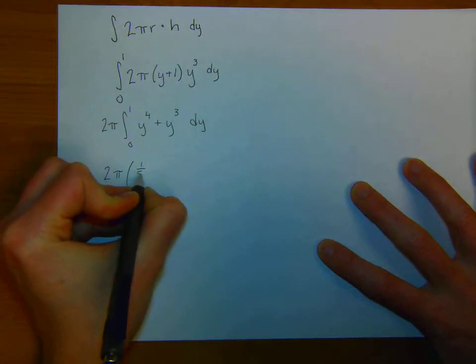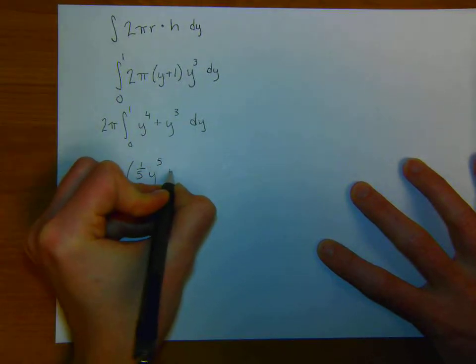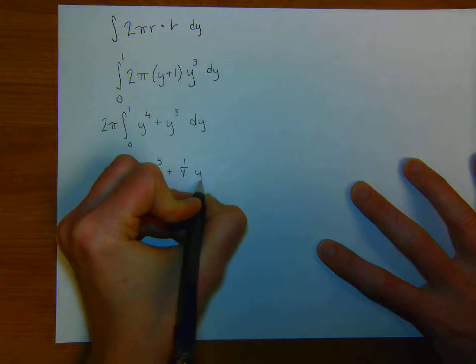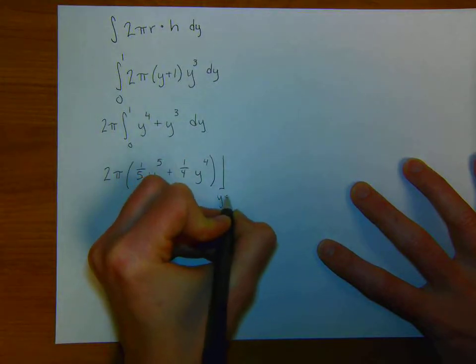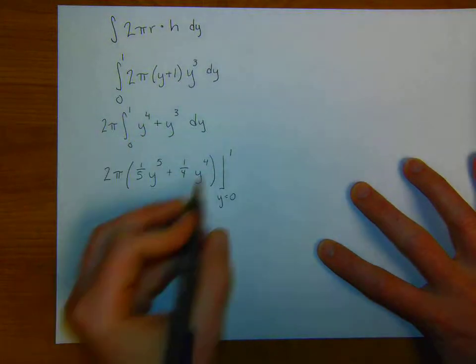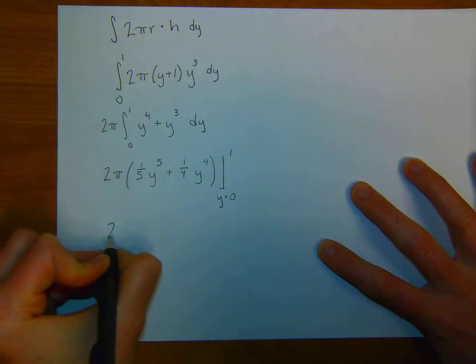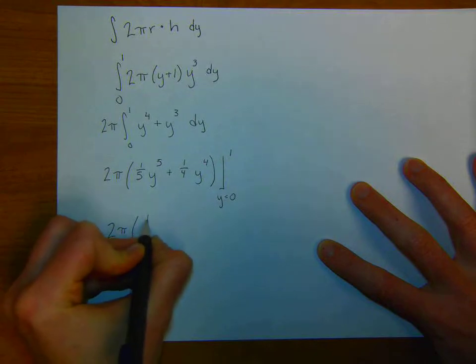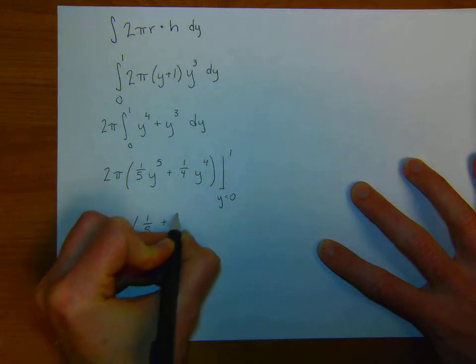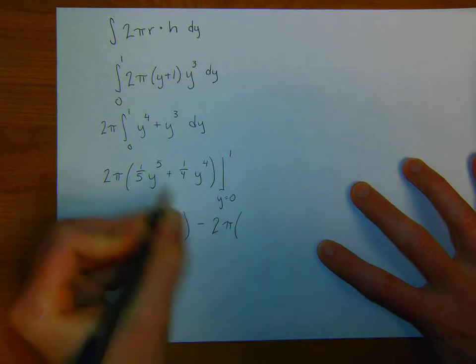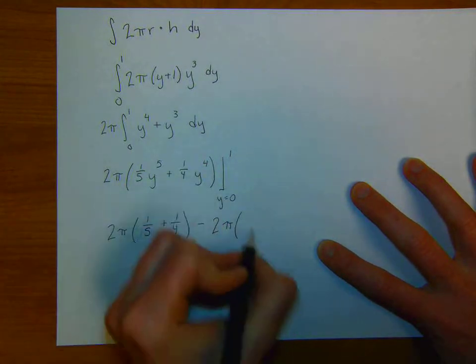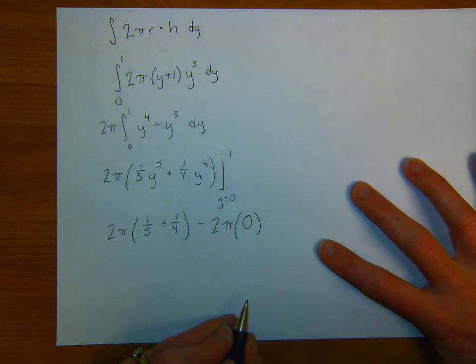I get 1/5 y to the 5th plus 1/4 y to the 4th, evaluated as y goes from 0 to 1. Plugging in my upper bound, I get 2 pi times 1/5 plus 1/4. Subtracting out my lower bound, I get 2 pi times 0. If I plug 0 in, I get 0 each of those times.